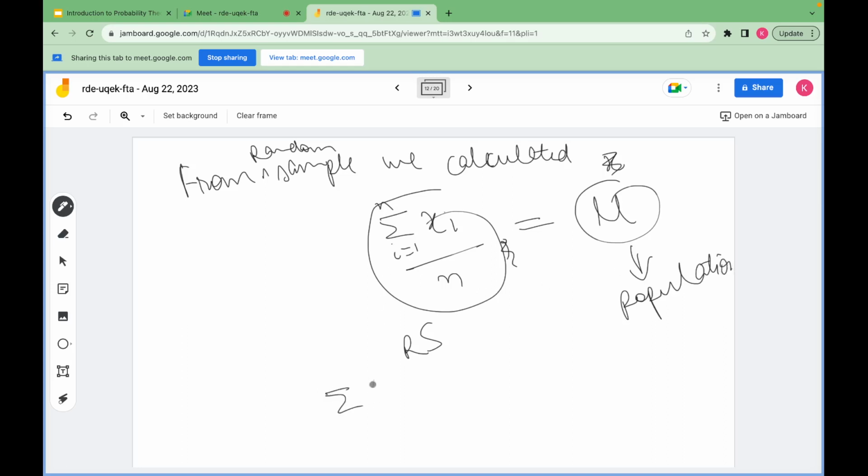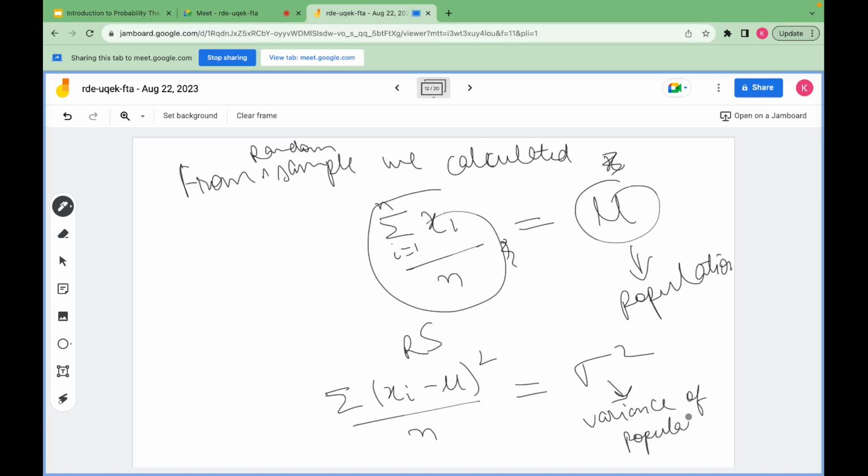And also sigma xi minus mu, this mu we know, this is the new mu, which we keep here and divide by n. This will give us the sigma square, the variance of the population. So from the sample statistics we find the estimated parameters for the population.